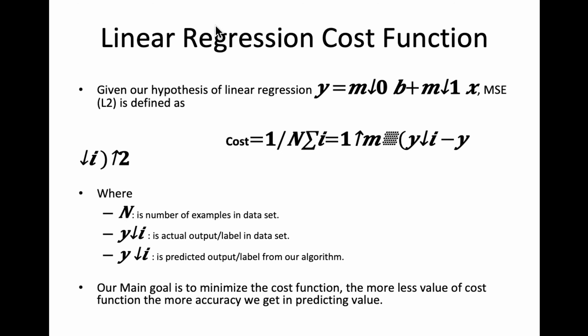So, the linear regression cost function: given our hypothesis, this is the line of the linear regression. This is how we get the cost function, where n is the number of examples in the data set, y is the actual label, and this is the predicted outcome, and we just subtract them. We want to minimize the cost function, so the lower the value of the cost function, the more accuracy we get.